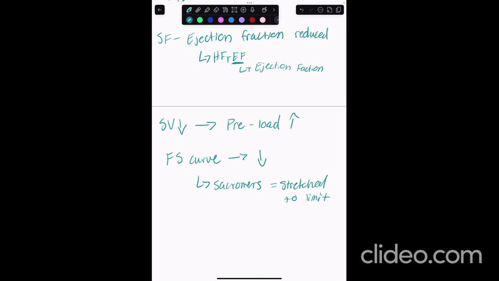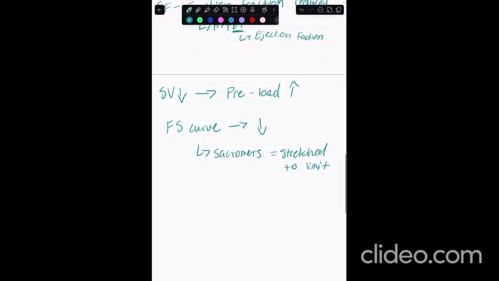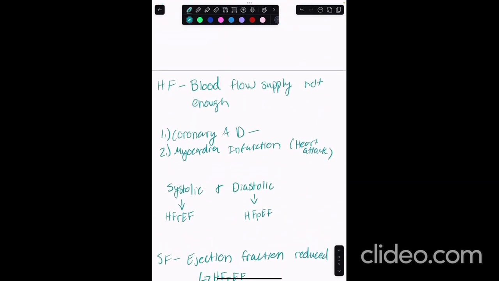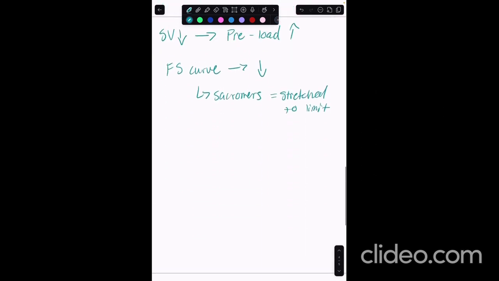That's why the curve is going down: it's at its maximal amount, and the heart is starting to give out. So the ejection fraction is not occurring as it should. The blood is not leaving the heart at the rate or in the amount it should, so the blood supply is not enough because it cannot leave the heart.